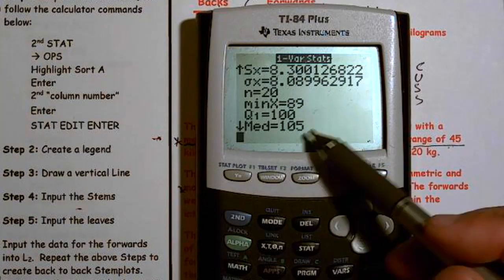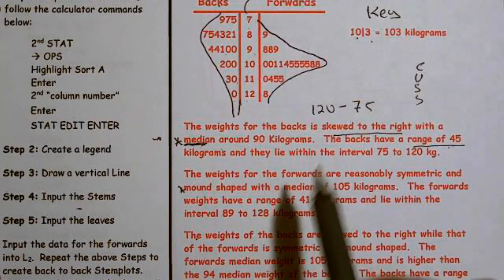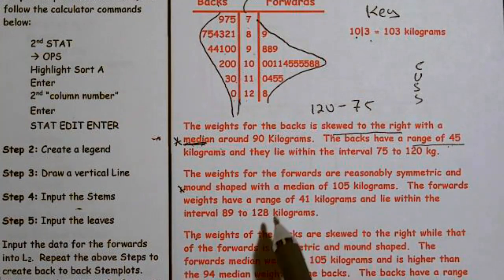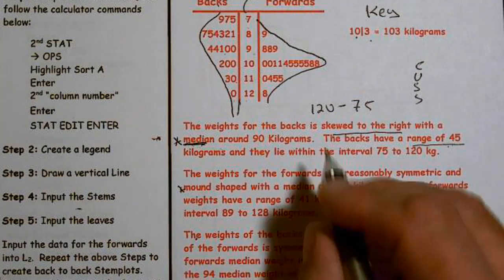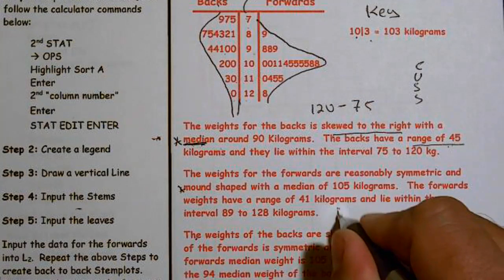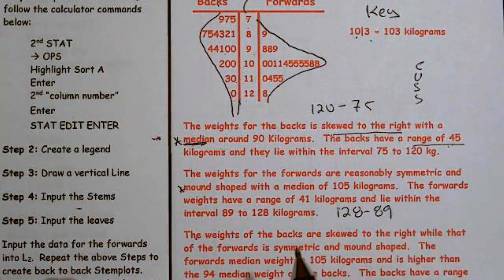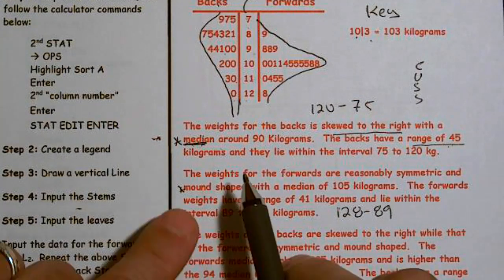And the median's 105. It does that for us. Of course, we could have actually used the graph to do it. All right. And they have a range of 41, which is 89 and 128. So 128 minus 89 gives me that 41. All right. And this is where it lies.